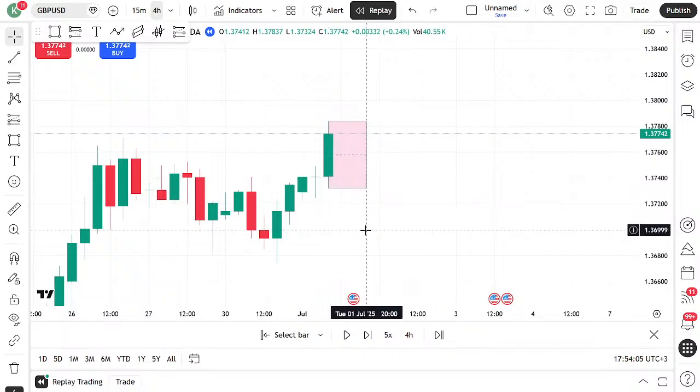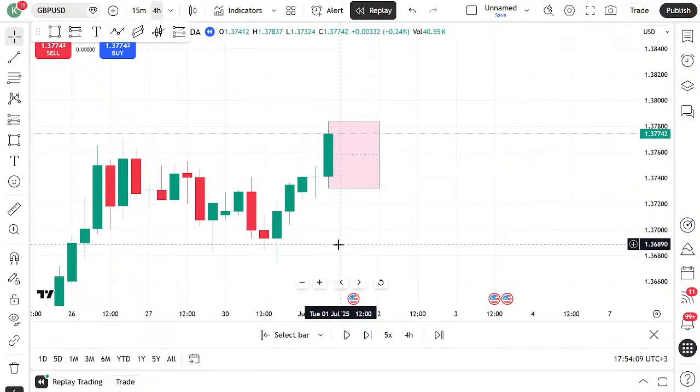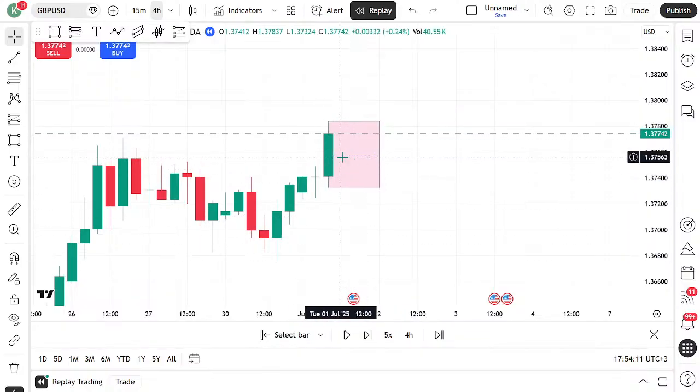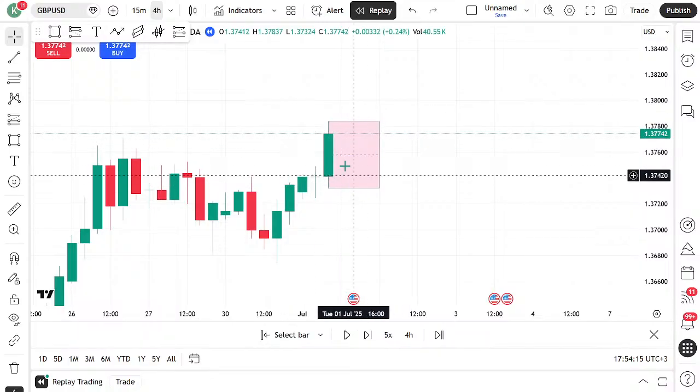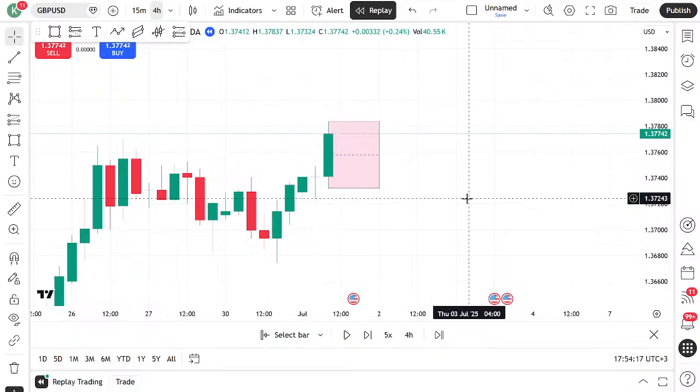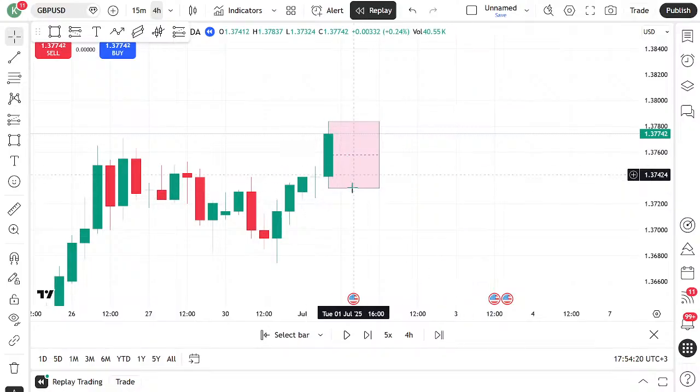The next thing we want to see is how the next set of candles will open and close in the next hours. There are two scenarios that might happen.